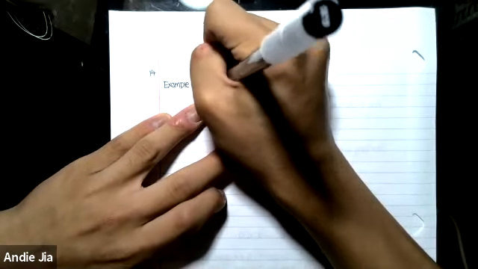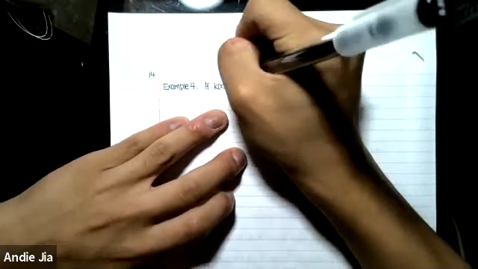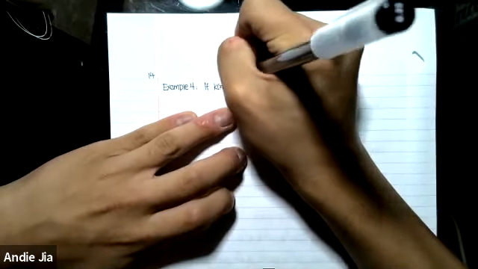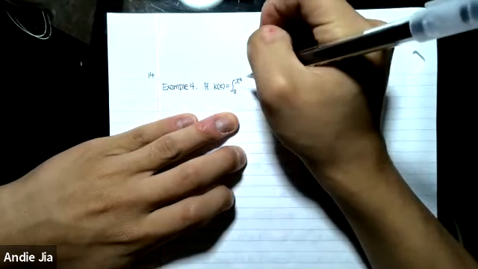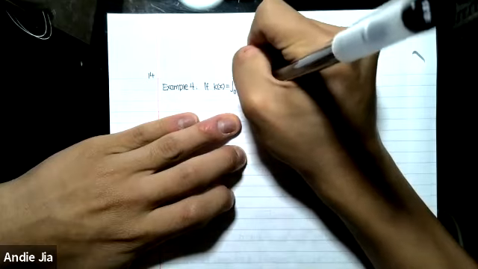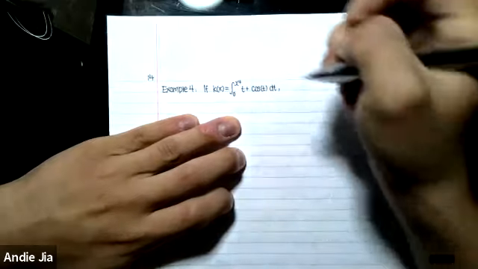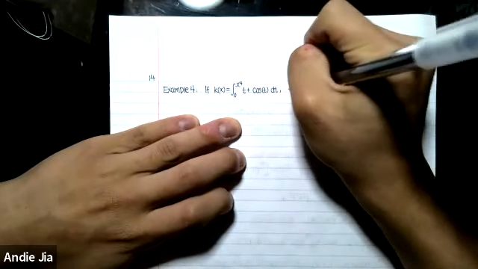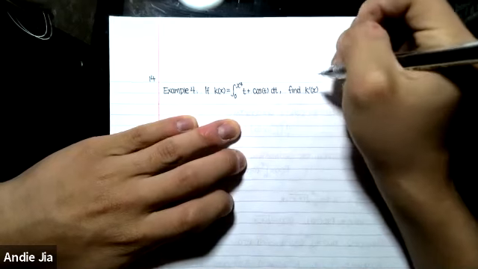If we define k of x as a function equal to the integral from 0 to x to the fourth of t plus cosine of t to dt, find k prime of x. Maybe pause the video, try this on your own, perhaps it's on the homework or the midterms.